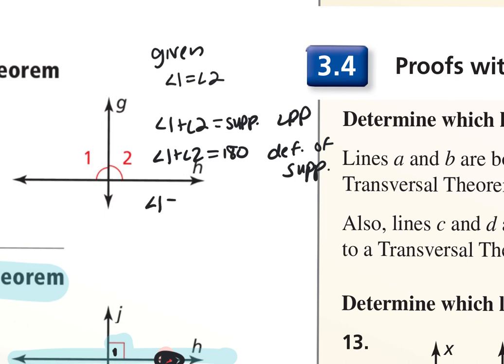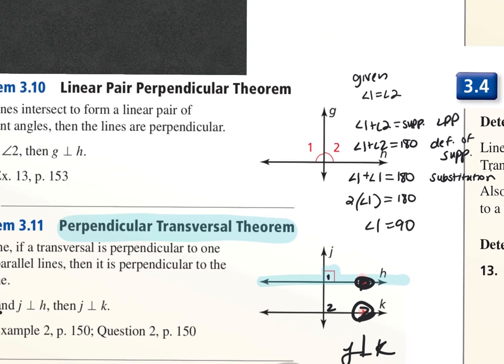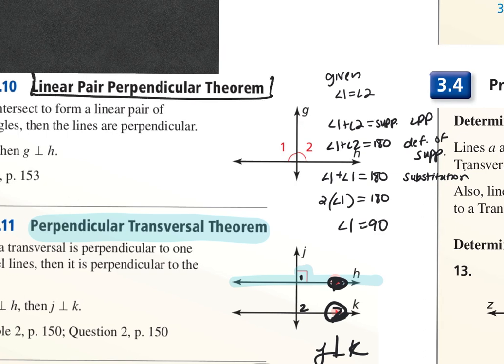So I could say angle 1 plus angle 1 equals 180, and that's substitution. Then 2 times angle 1 equals 180, and then angle 1 equals 90. So that whole thing gets taken over by the linear pair perpendicular theorem.